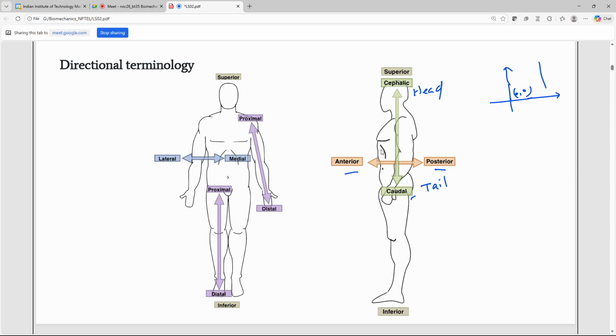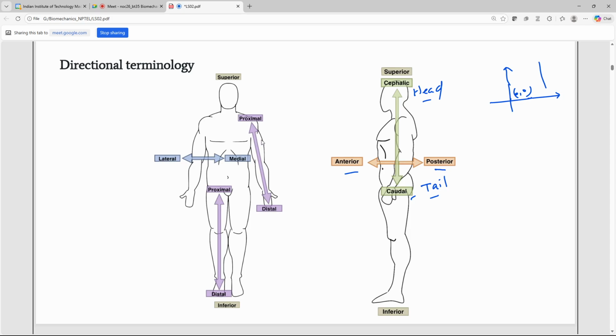So cephalic and caudal are two other words, which mean closer to the head and closer to the tail. And proximal and distal are the next two terminologies.